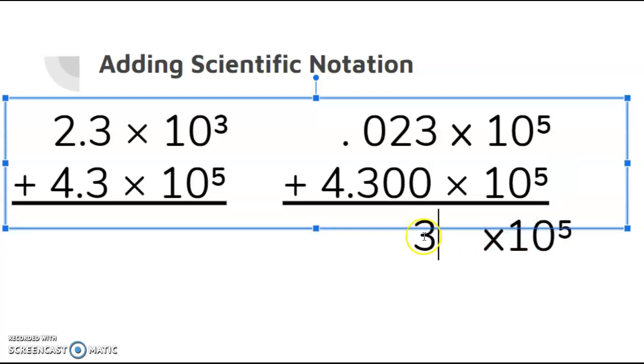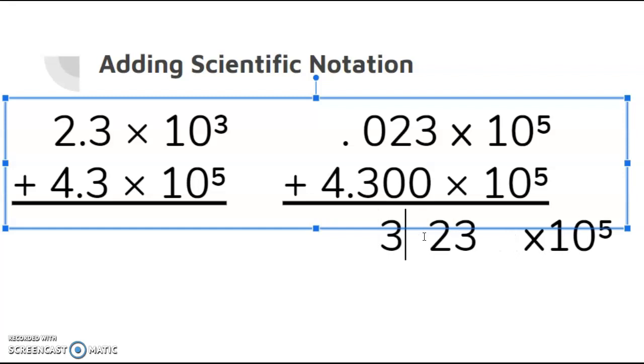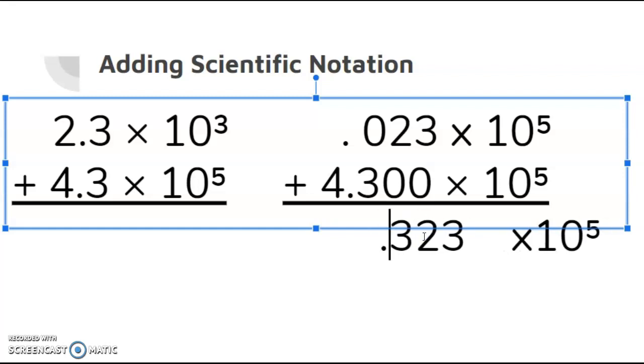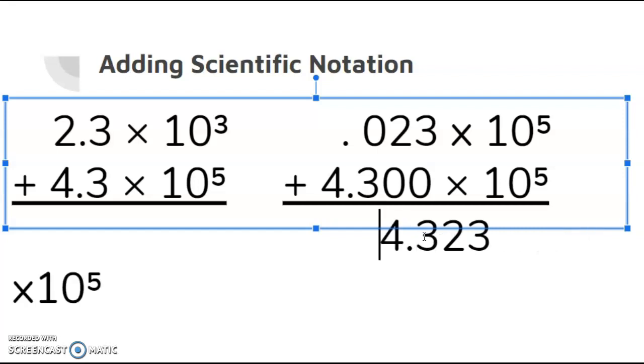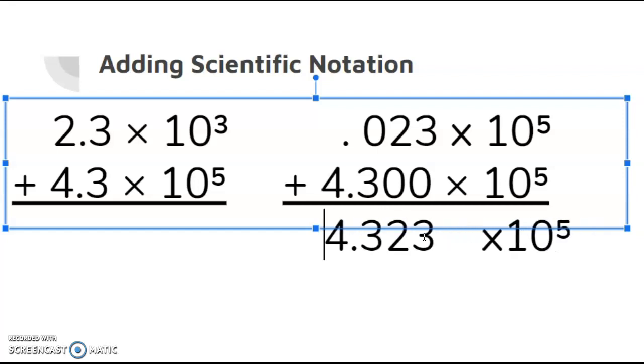And then I'm just going to add the first numbers together. So our answer is 4.323 times 10 to the fifth power.